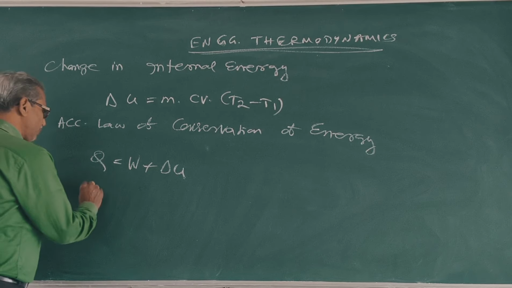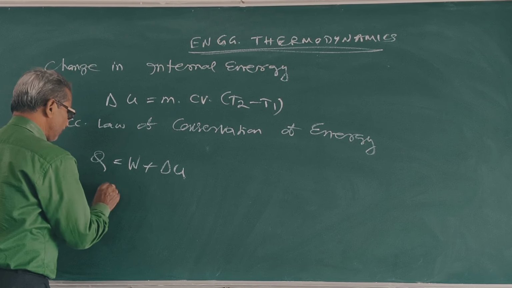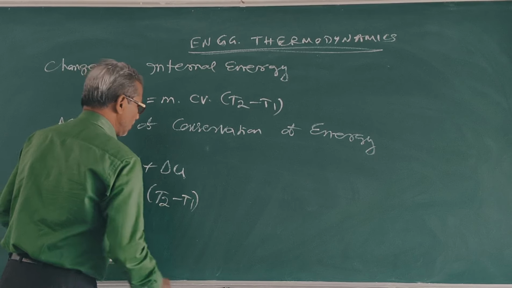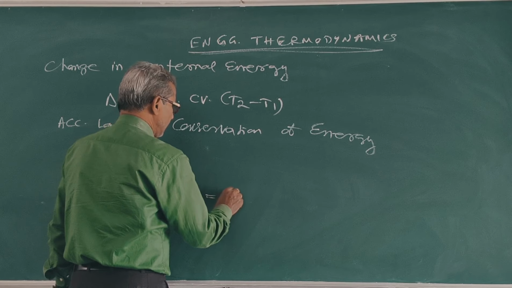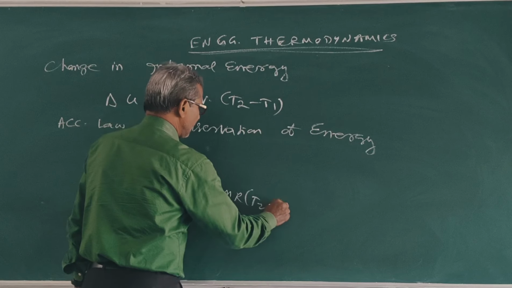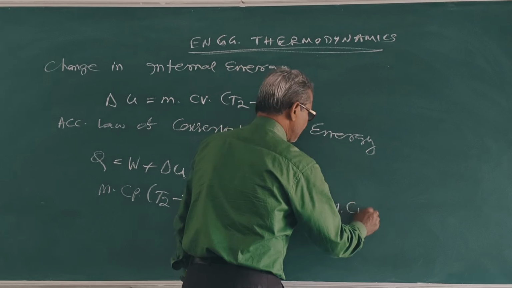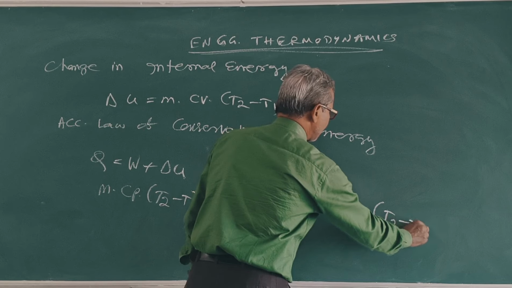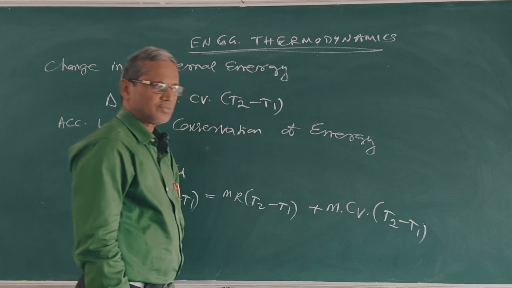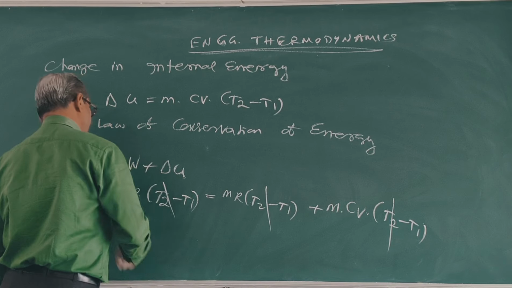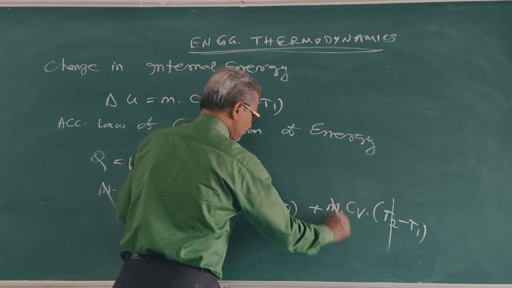What is Q? m Cp (T2 minus T1). W is equal to mR (T2 minus T1). Del U is equal to m Cv (T2 minus T1). Clear? This T2 minus T1 cancels both sides. m also cancels both sides.